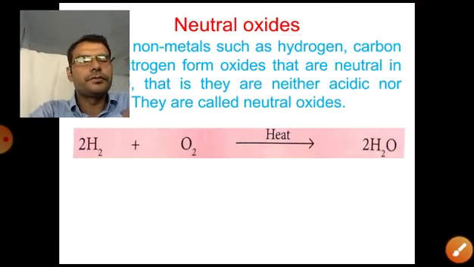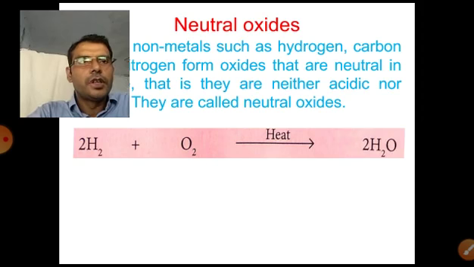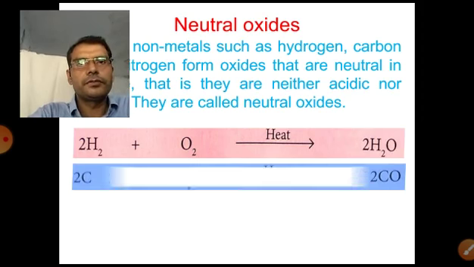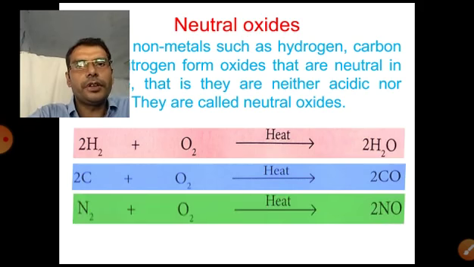When hydrogen is heated in the presence of oxygen, it forms water, or H2O. Water is a neutral oxide. When carbon is heated in a limited amount of oxygen, it forms carbon monoxide. Carbon monoxide is a neutral oxide.